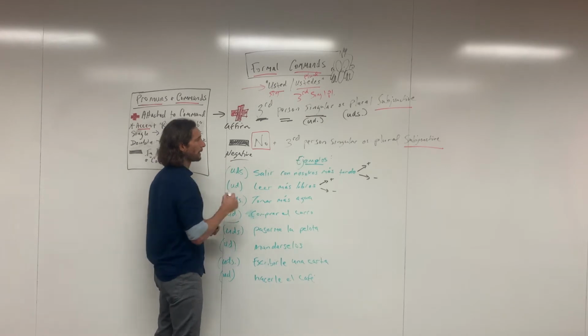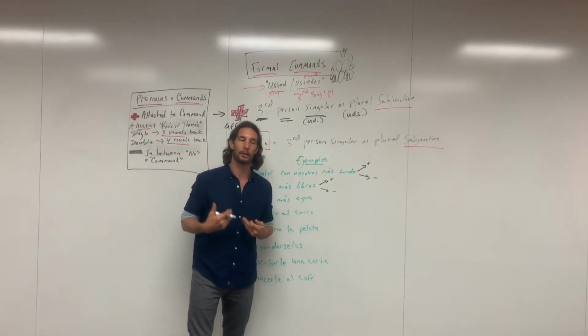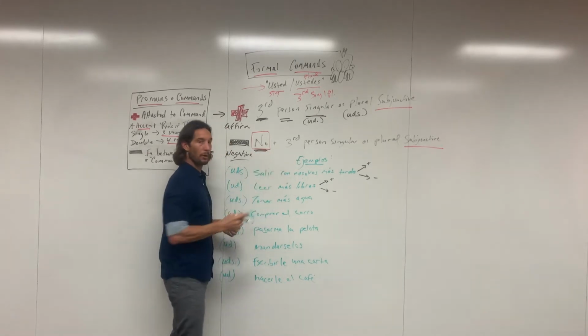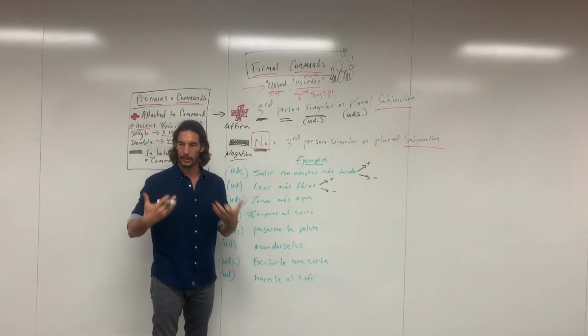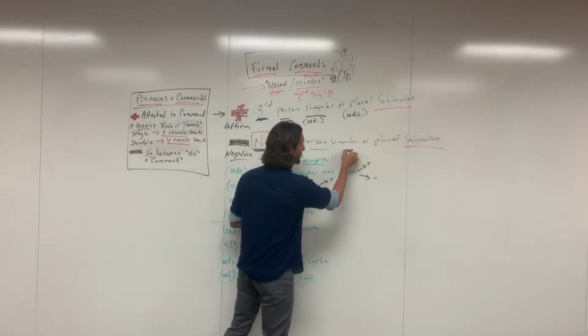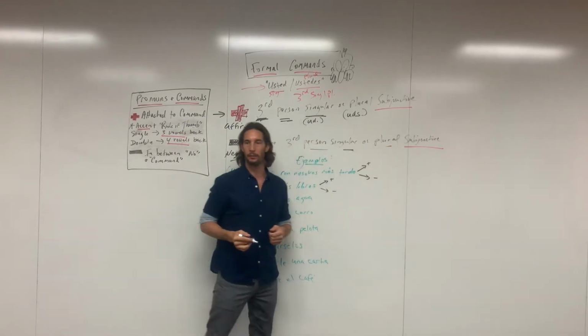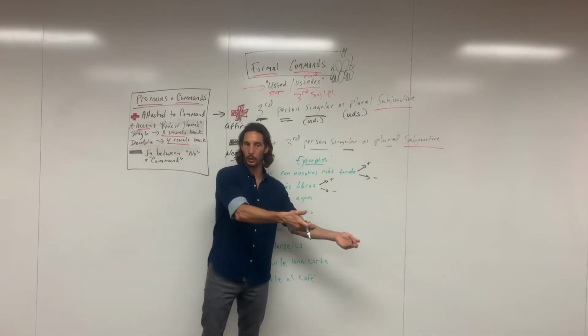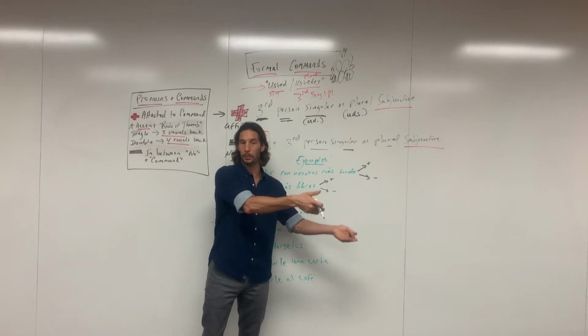To make a negative command, to say no or don't, you would do no, of course, that's what makes it a negative command. So you say no, and then third person singular or plural in the subjunctive. Unless there are pronouns, it's really just no plus third person singular or plural subjunctive.